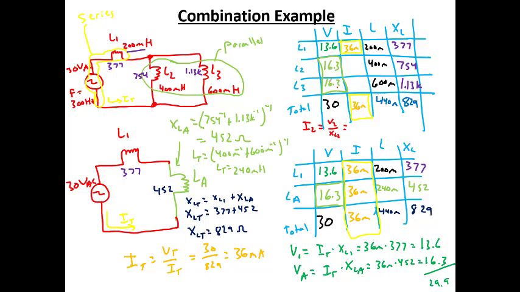Just testing you. All right, 16.3. These 13.6 plus 16.3 need to add up to 30. All right, so then I would have 16.3 divided by 754, and then that would be the current that's going to go here. So let's do that. 16.3 divided by 754, and I get 21.6 milli.